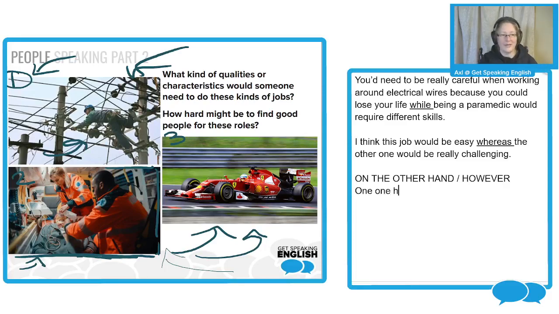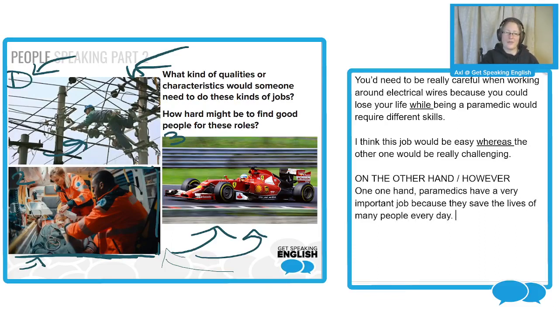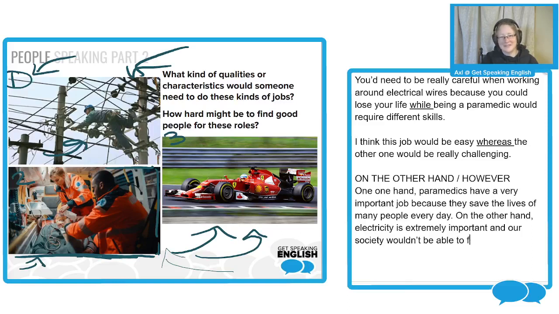So, for example, on one hand, paramedics have a very important job because they save the lives of many people every day, right? On the other hand, electricity is extremely important, and our society wouldn't be able to function without it. So it's important to have technicians, right?